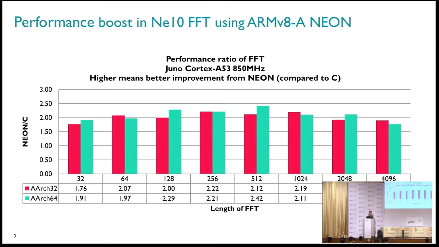Question. When you compare it with the C, is it like KISS FFT or some standard library that you're comparing this against? Or is it the Ne10 implementation of C? Oh yes, the Ne10 implementation of C. And do the numbers include allocation time for the twiddles, or is it just the processing?